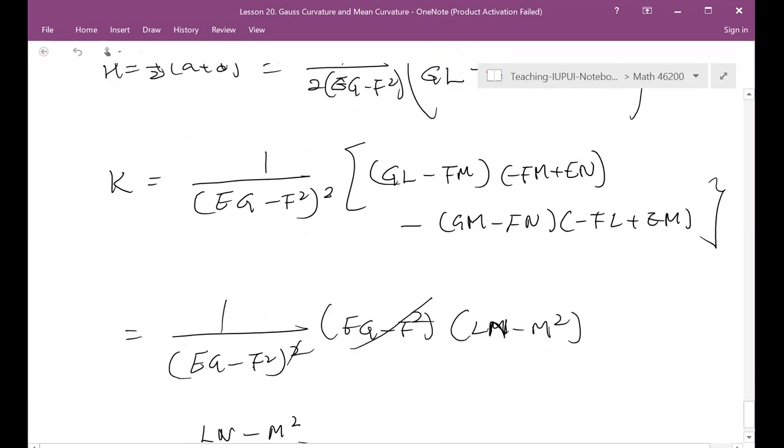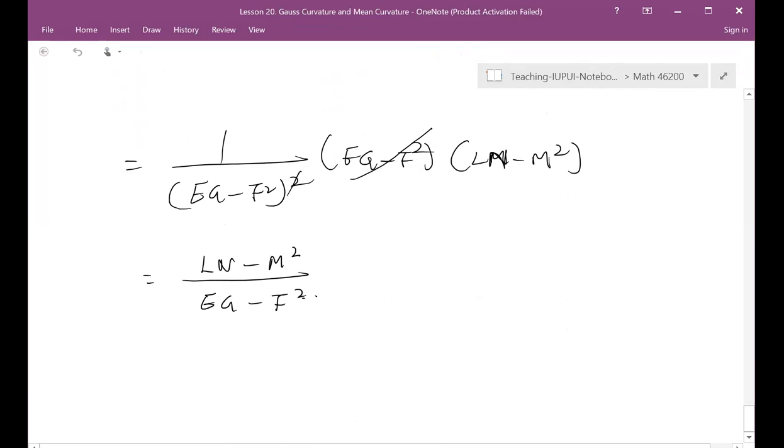So if you really want to find the principal curvatures, use this identity: lambda squared minus 2H lambda plus K. This will be lambda minus k1 times lambda minus k2, so you can find the k1, k2.